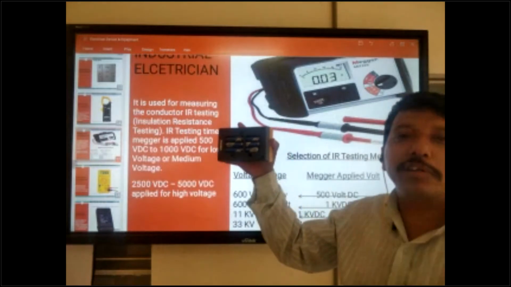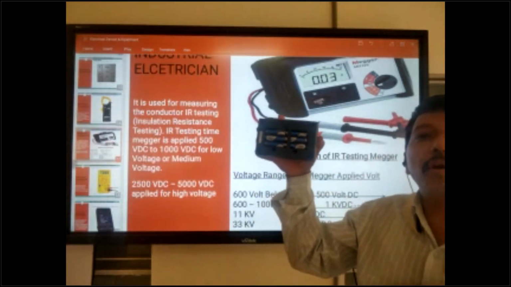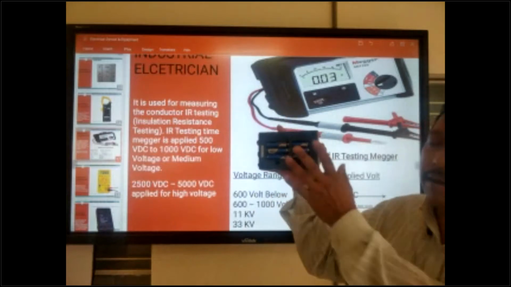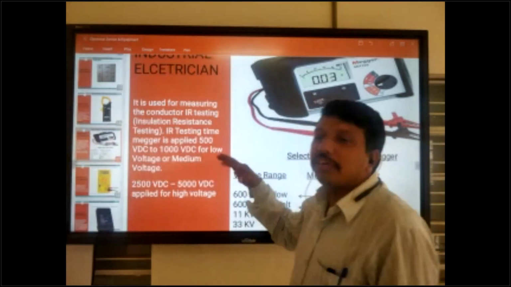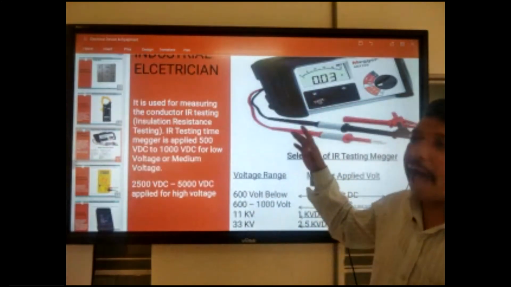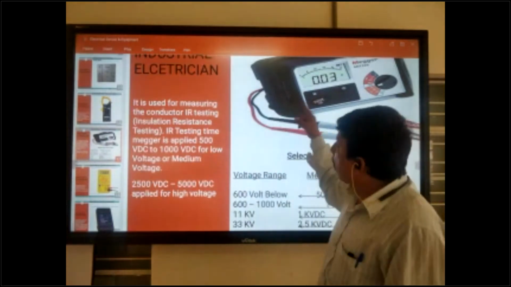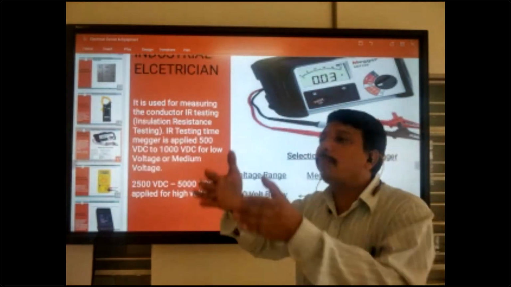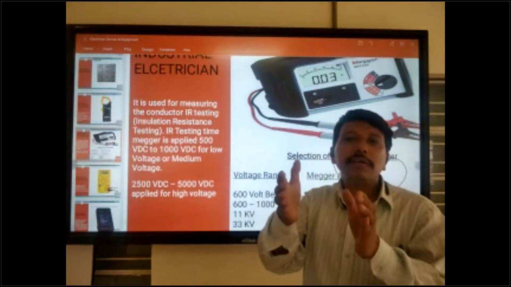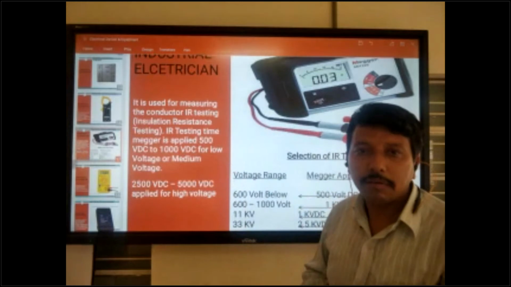Battery to only DC volt is going, not AC volt. The source of the DC voltage is the battery. Okay? So you don't forget. If any question is coming in IR testing time, we can apply in the megger 500 volt DC to 1000 volt DC for low voltage or medium voltage.